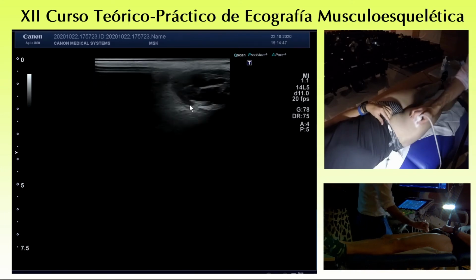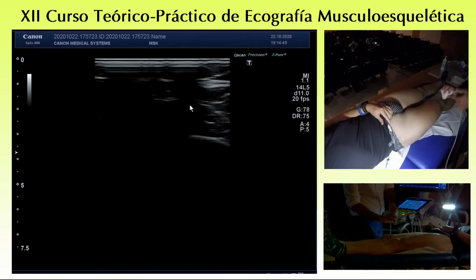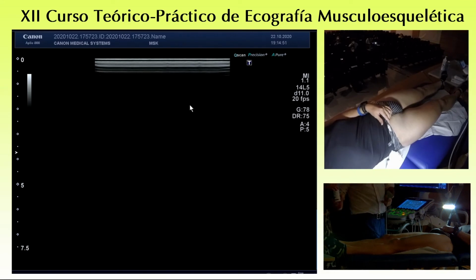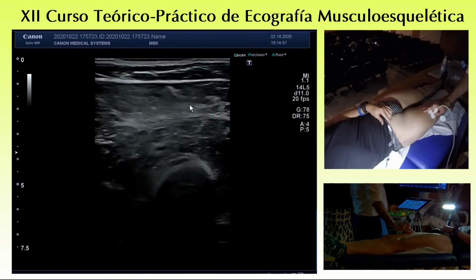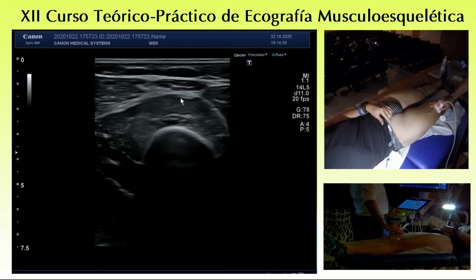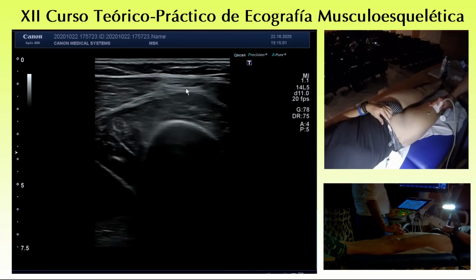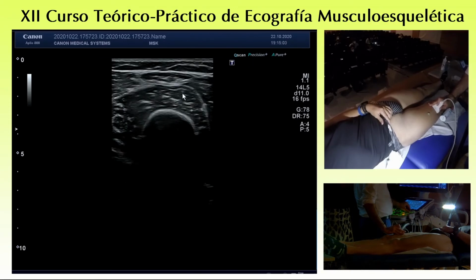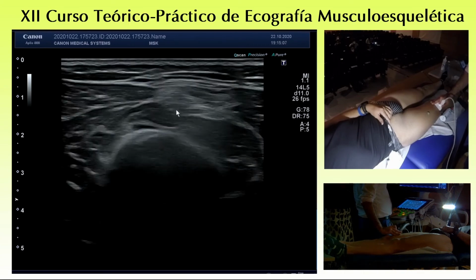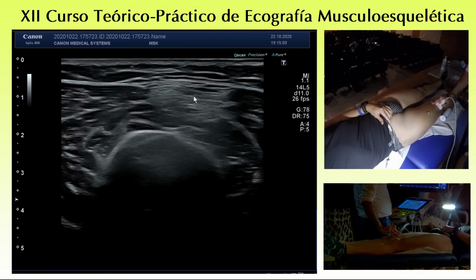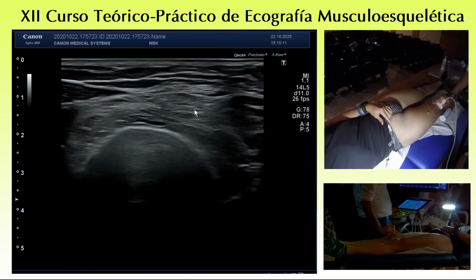Then, if you follow that distally, this is the distal myotendinous junction, and it is interesting because within the quadriceps tendon, the layering of the tendon is preserved.